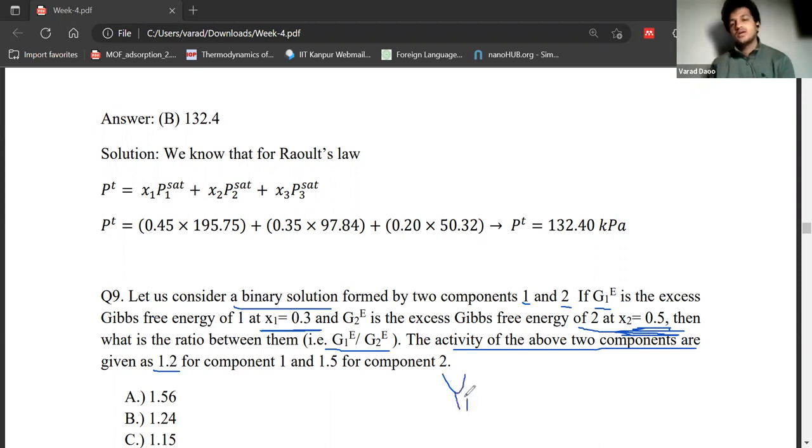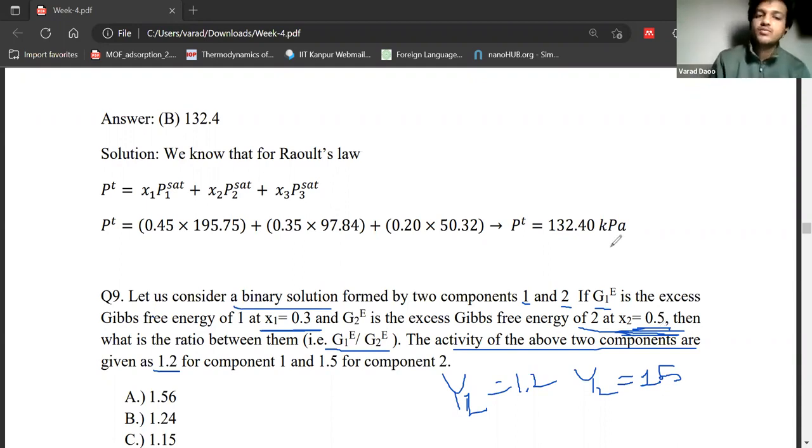So what is basically given? Gamma 1 has been given as 1.2, gamma 2 has been given as 1.5. Excess Gibbs energy at these conditions of mole fraction is G1E, and at these conditions of mole fraction of 2 is G2E. And what we need is the ratio of G1E by G2E.